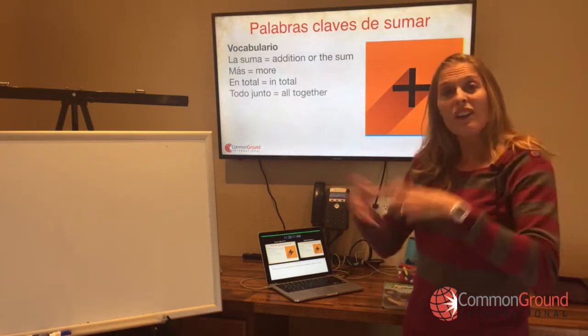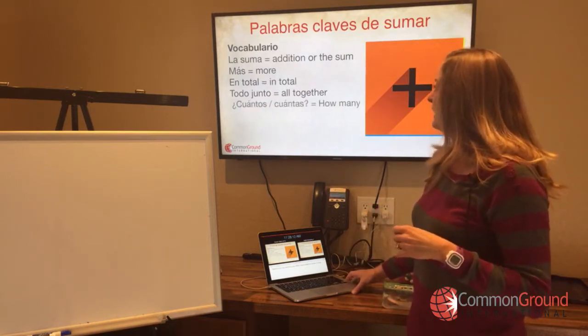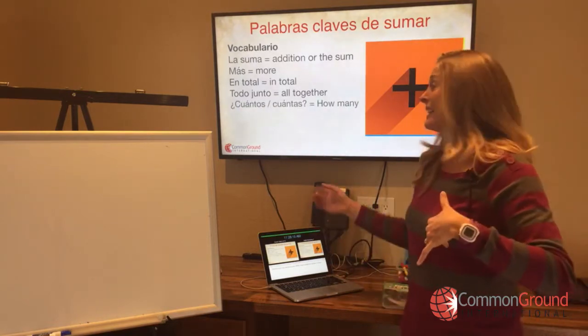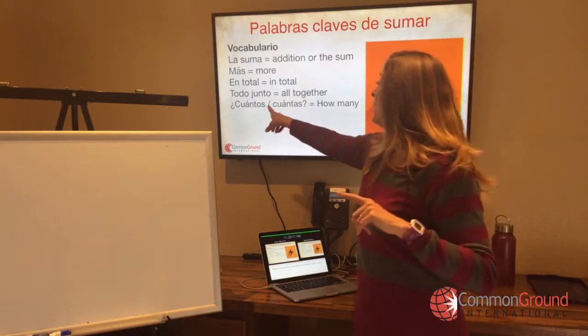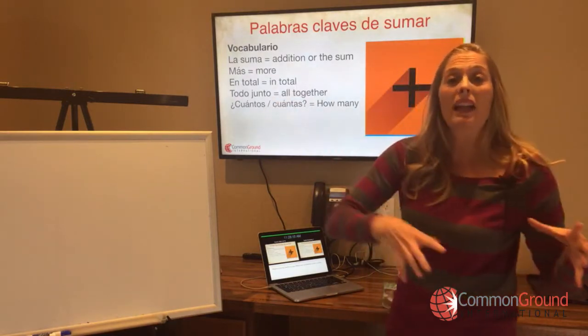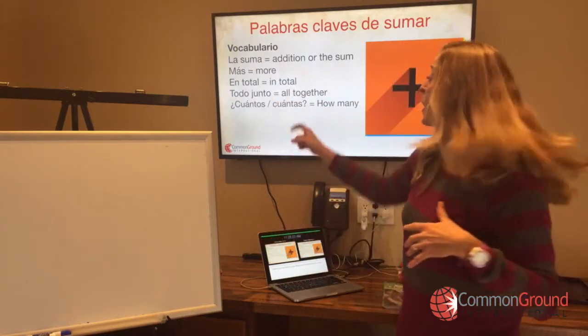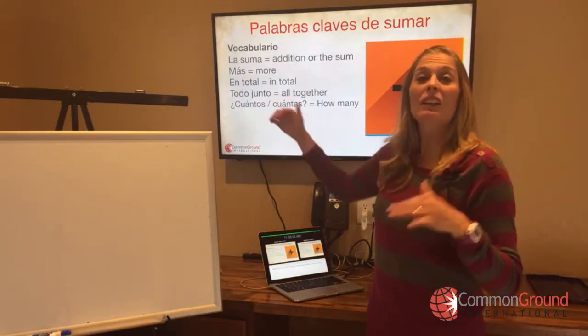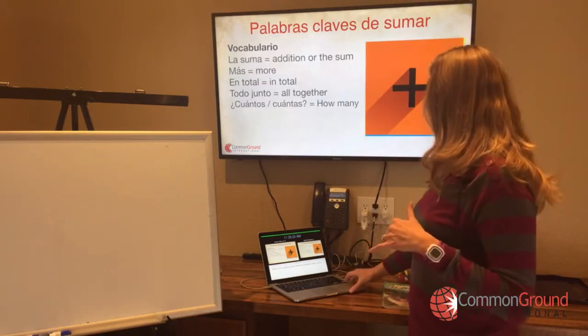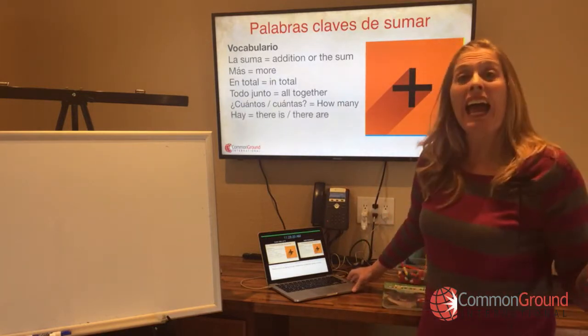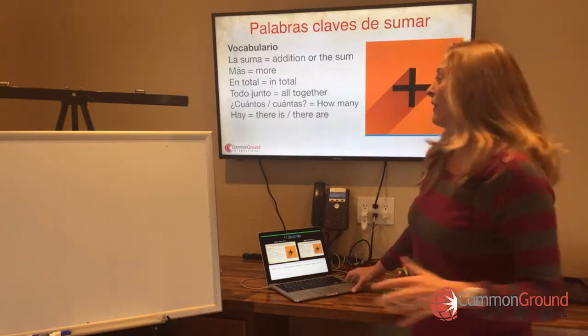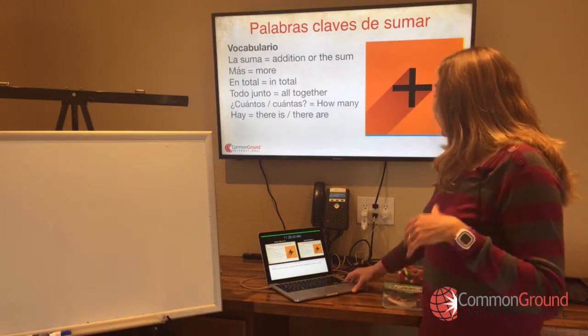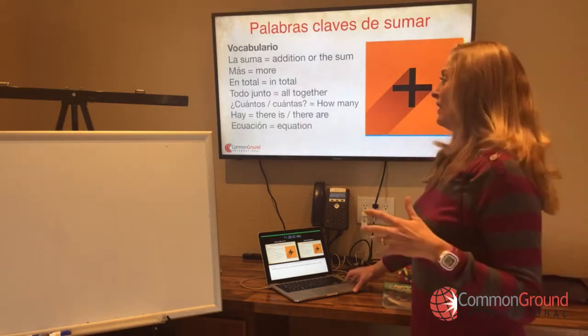Todo junto, all together. ¿Y cuántos o cuántas? Noten, masculino, femenino, ok? So, cuántos perros, cuántas mesas, ok? So, it has to be in concordancia, in agreement. How many? Okay? Y uno más, ecuación, the equation, ok?